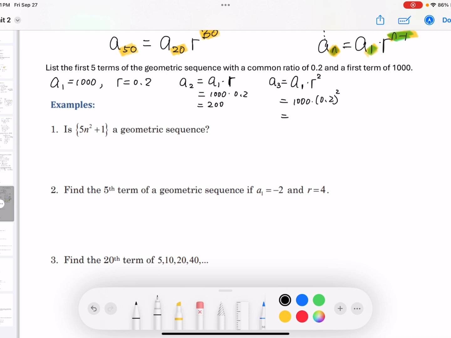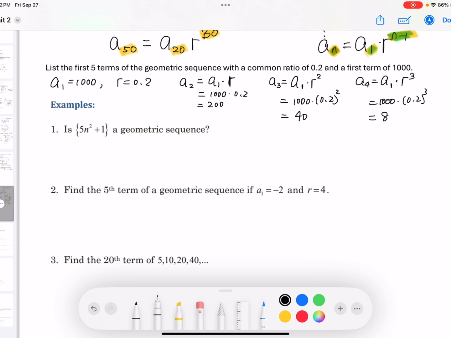So a sub 3 is 40. And a sub 4 is equal to what? You can use either method. It's a sub 1 times r to the third power, equal to 1000 times 0.2 cubed. It is 8.